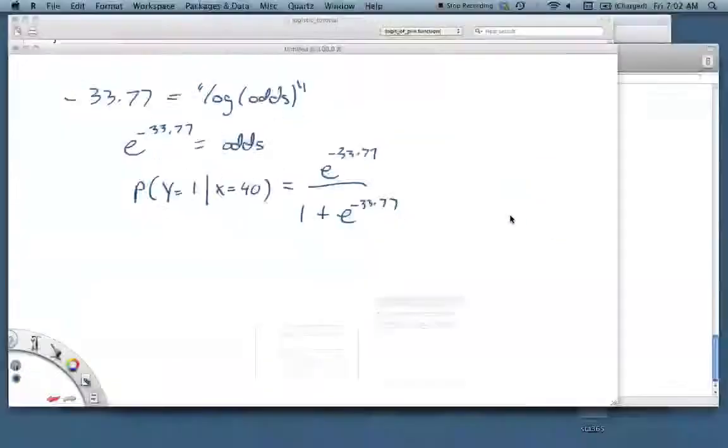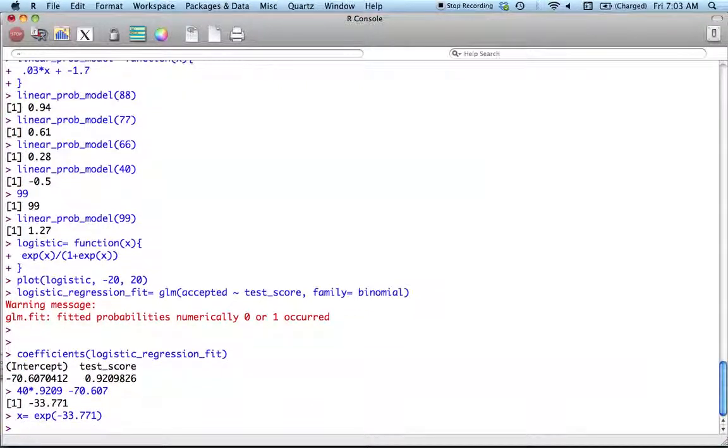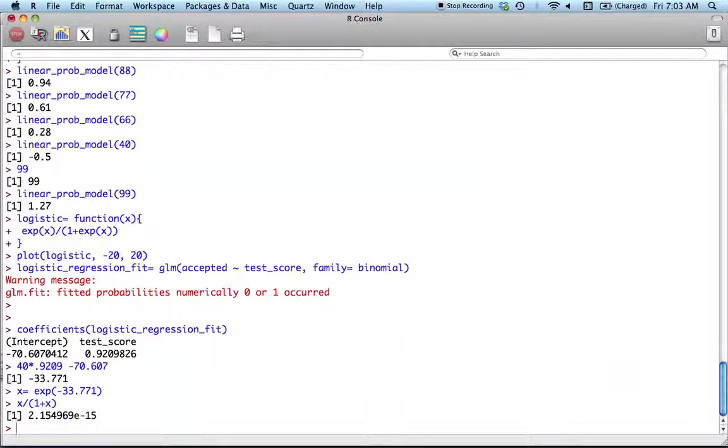So if we have x equal to e to the negative 33.77, then we would just say x over 1 plus x. Okay, and so what do we get? We get an insanely small number, but it's not 0.